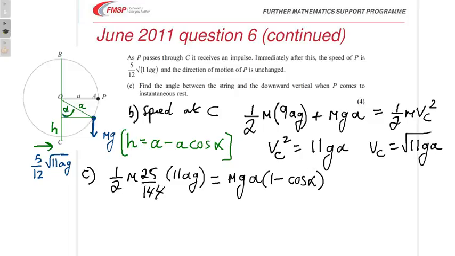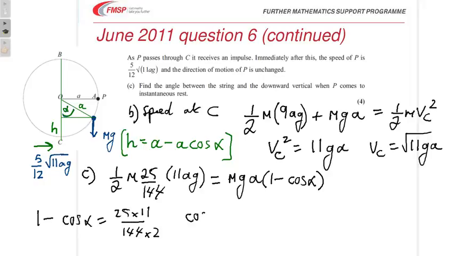The mga cancels out, and we get 1 minus cos alpha equals 25 times 11 over 144 times 2.